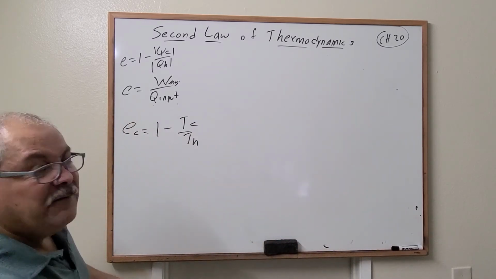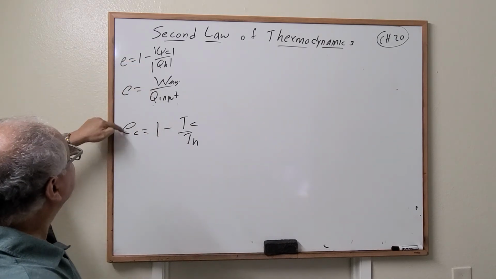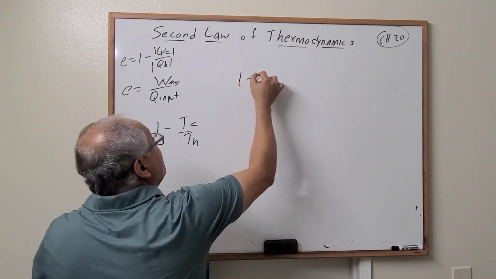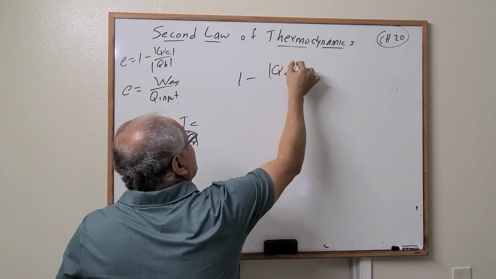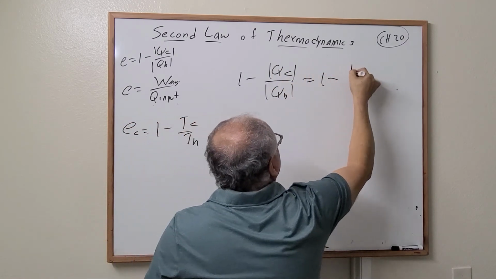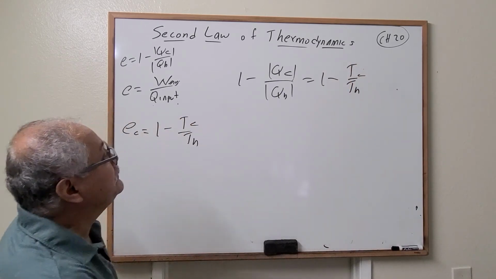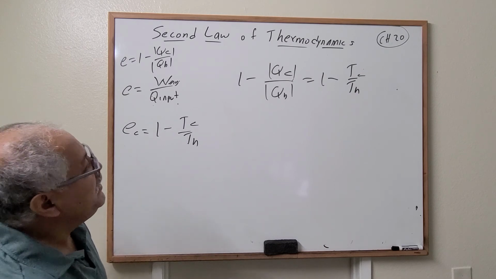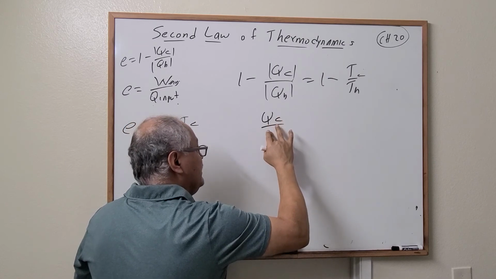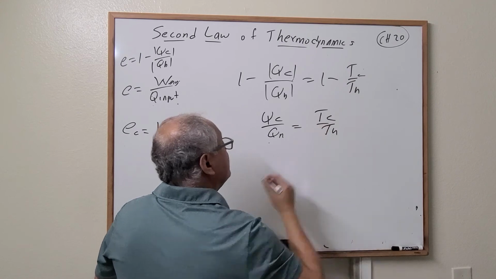By the way, before going to the next topic, look, we have these efficiencies. When we compare this to this one, we have 1 minus Q_C over Q_H must be equal to 1 minus T_C over T_H. From here, what is the conclusion? Q_C over Q_H is equal to T_C over T_H.